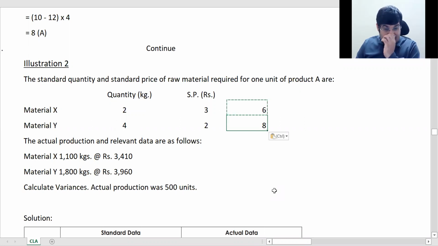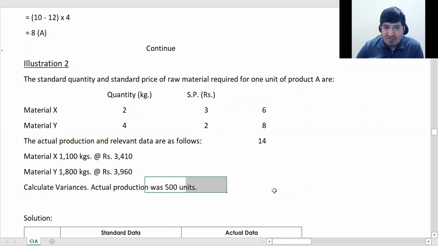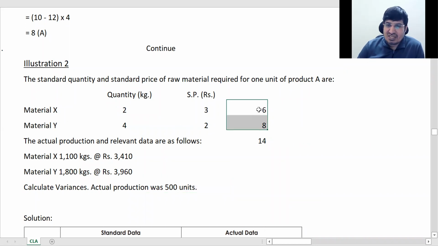So I'll get a total amount per unit of 14. Okay, for 1 unit if I need. But here now for 500 units, let us calculate for 500 units. For 1 unit of product, we have to put 2 kg. Correct? Let me just take this out for now. We don't need it immediately.